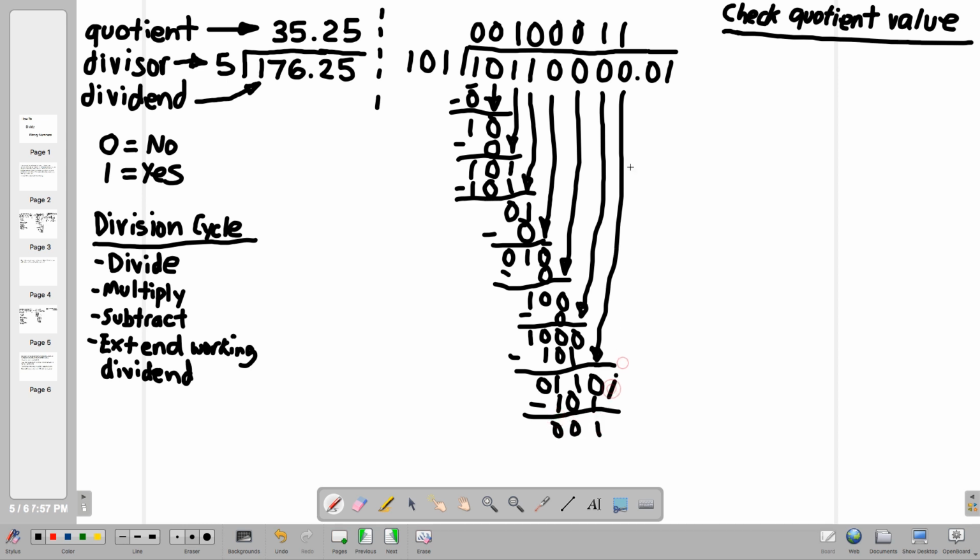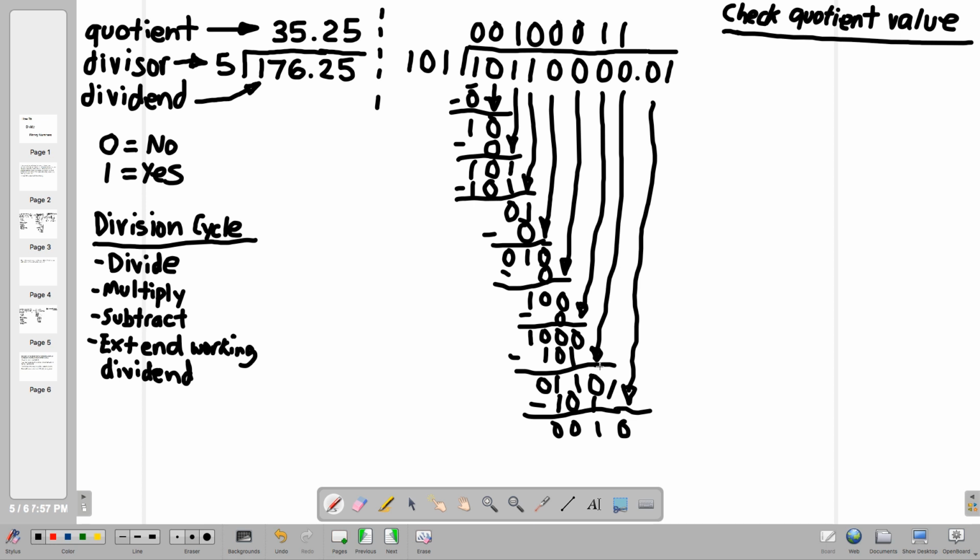And of course, we have to bring down. Alright, so we bring down or extend the working dividend, I'm sorry about that, it's the working dividend. So that's a value 0 here. And 1 0 is the value 2. Does 5 go into 2?